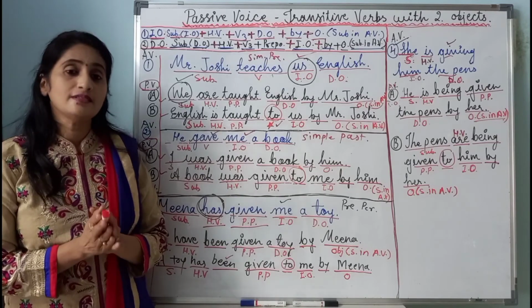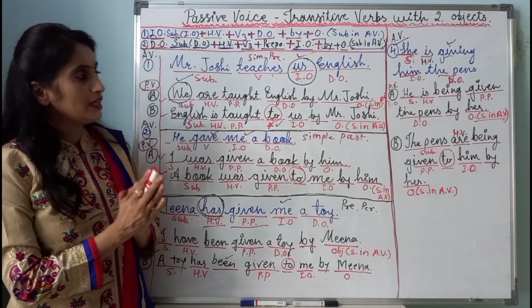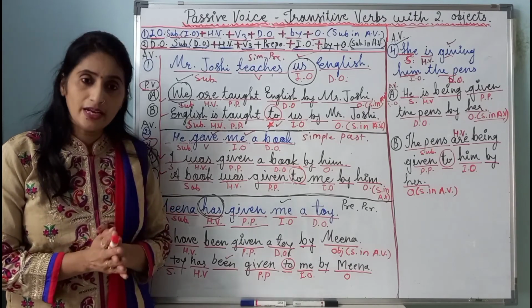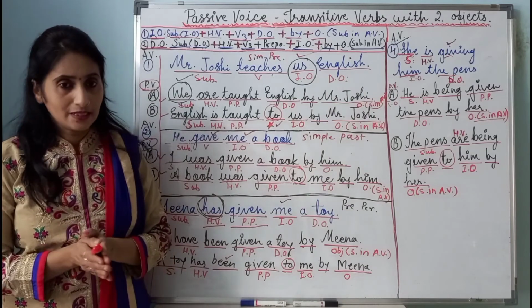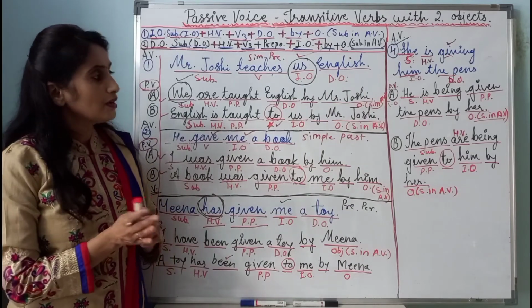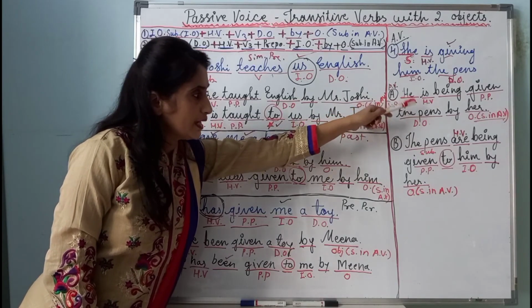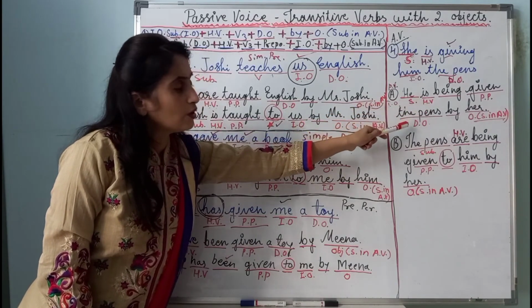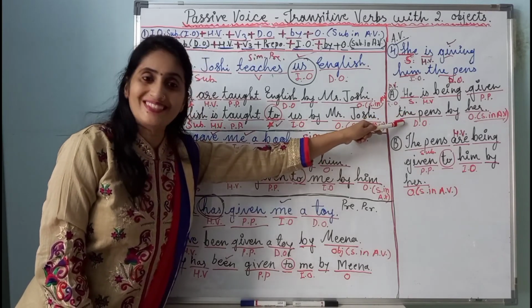Whenever the sentence is in continuous tense, we have to make use of being, B-E-I-N-G, plus the past participle in passive voice. And so here also we have done the same thing. So he is being given. Then what? Direct object. The pens is the direct object and so it is written here.